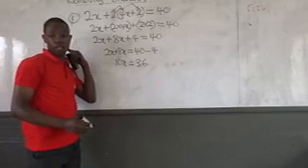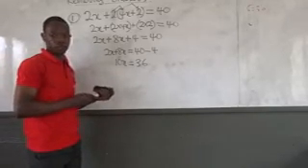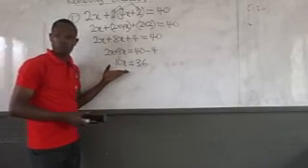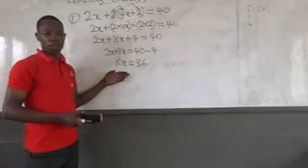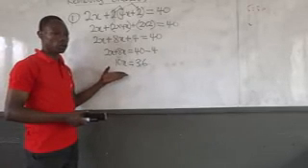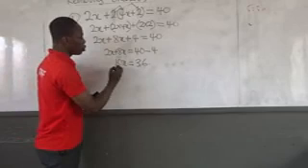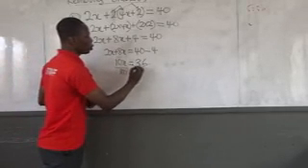So what do you do next? Cordelia, what do you do next? You divide both sides by the coefficient. And the coefficient is what? 10. So divide here by 10, here too by 10.